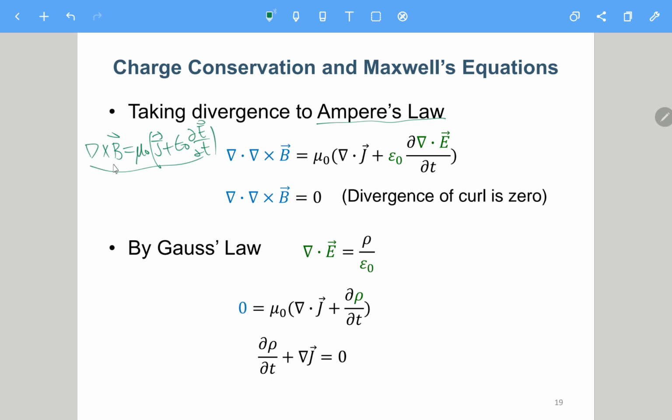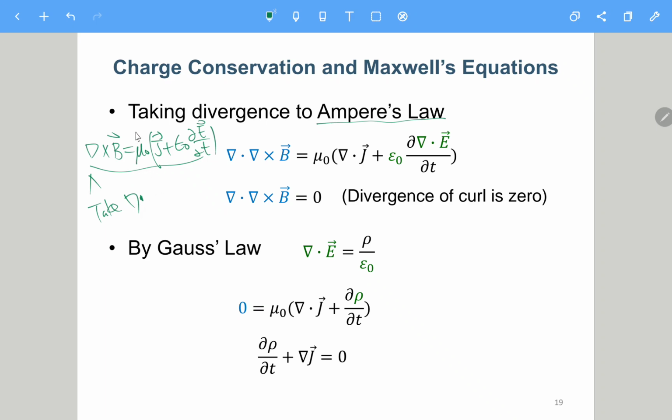So we try to take the divergence on both sides. On the left side, it becomes divergence of curl of B, which is a scalar. On the right side, we also take the divergence.